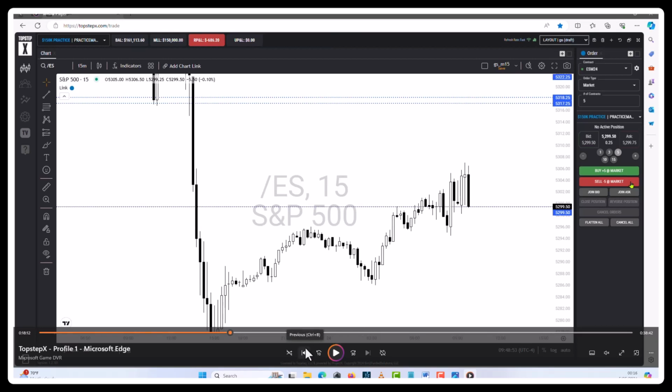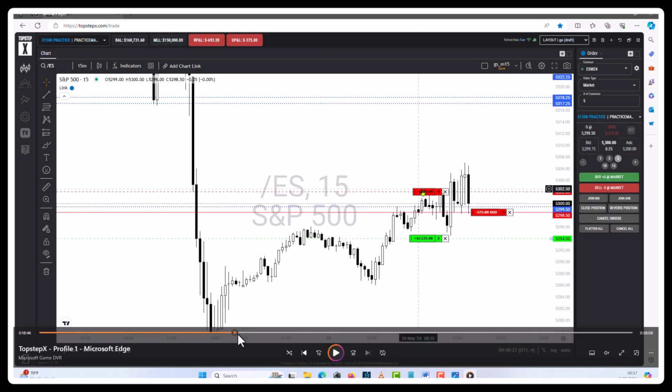And now look at the third trade we take. So what do we do? We sell, because we thought, oh wow, now it broke that level, so we sell. And we jump to 5 contracts.